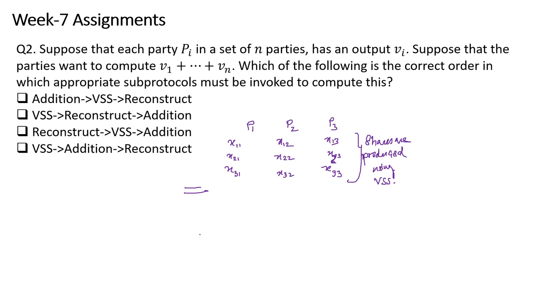Once this is done, then each party will perform their partial computation on these particular secret shares available to them. So P1 has x11, x21 and x31. It will perform the summation on those shares. Similarly, P2 also contributes partially to the whole summation.